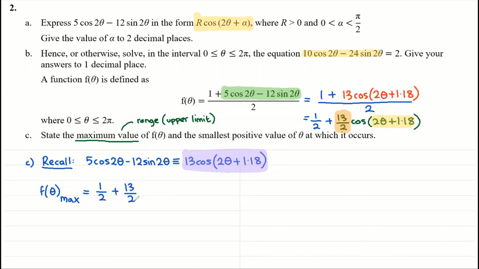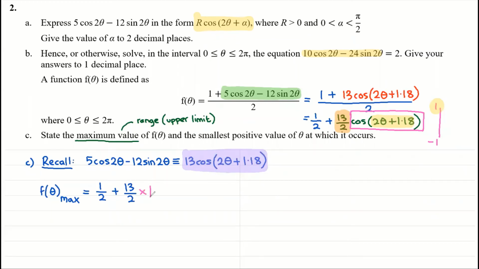The cosine part of this function is sandwiched between -1 and 1. It's trapped, isn't it? Cosine graph always oscillates between -1 and 1. So the maximum value it can ever take is the 1 right there. So that's what I put in to this f max here.